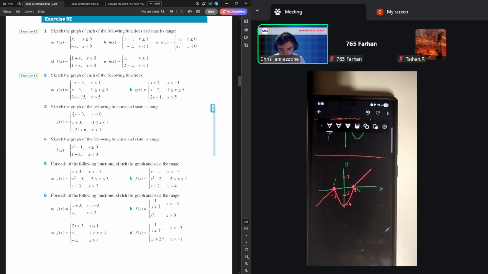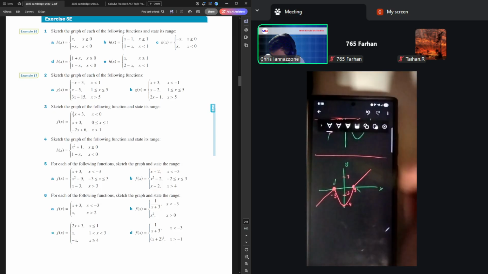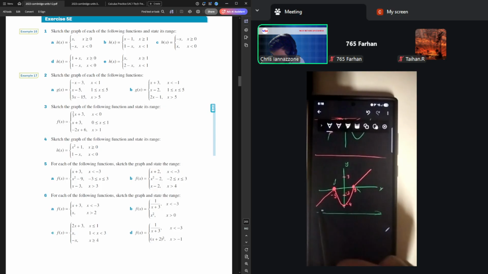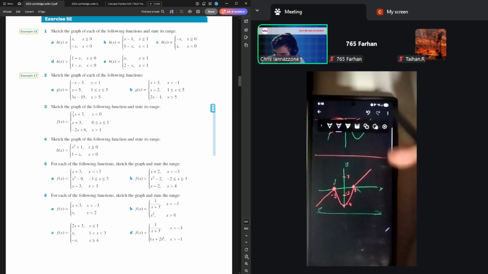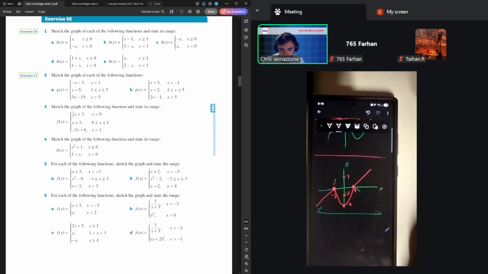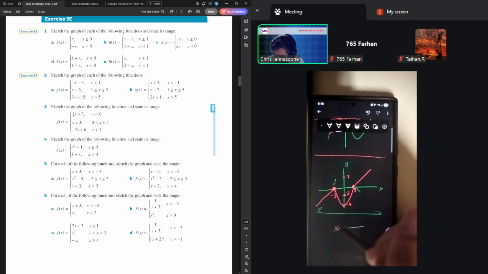If you have what we had here, which is non-inclusives overlapping with inclusives, you default to inclusive, which means when we look at our full domain left to right, there is no leftover white circle to worry about, and we can see these continue on forever. The outskirts of the graph are shooting off to infinity in the positive direction and infinity in the negative direction. So the domain for this one is just going to be all real.